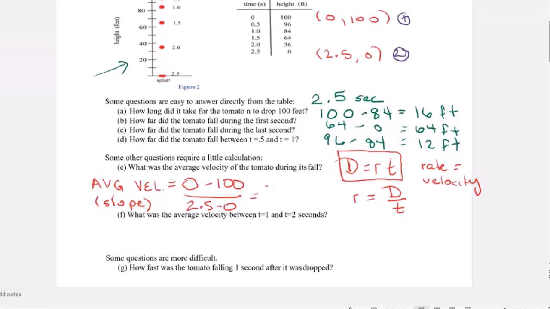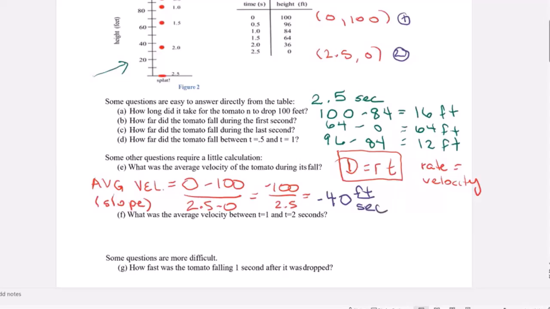So this becomes negative 100 divided by 2.5, so my answer is negative 40, and it's in feet per second.